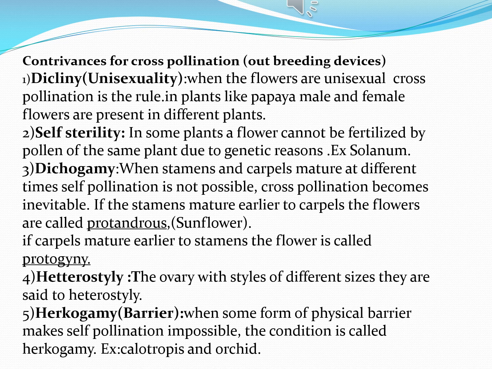In bisexual flowers, there are barriers between the stamens and the carpels or stigma, and these barriers avoid self pollination, so that flower or plant must go for cross pollination. This is what we call herkogamy. Examples are calotropis and orchid.